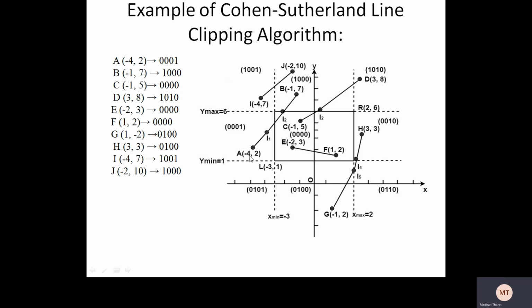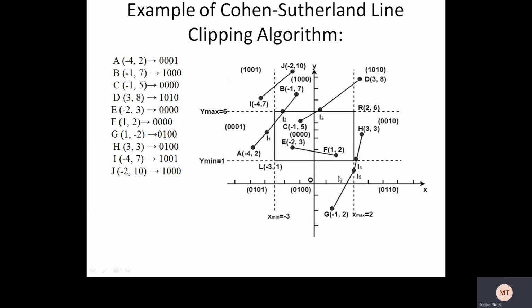The value of A is 0001 because point A arises in the portion having the bit code 0001. The B point has the bit code 1000.